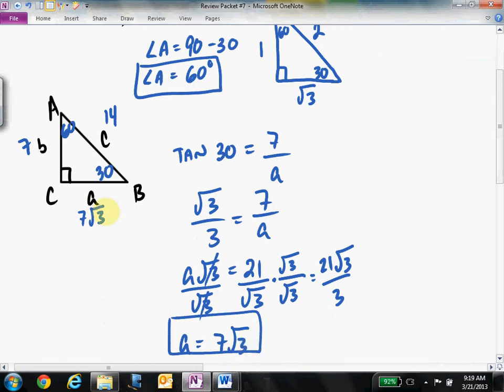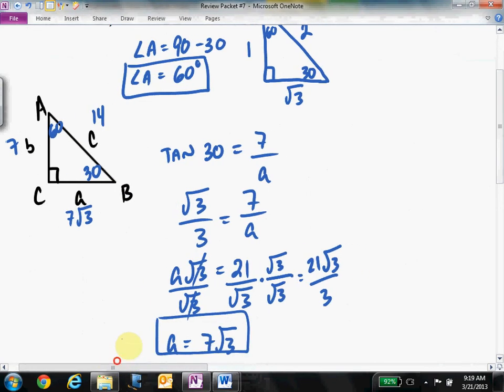Now let's find our unknown C. I'm going to go back to my given information, 30 degrees. The opposite side was 7. C is the hypotenuse, so I have opposite over hypotenuse. Well, that's sine. So I have sine of 30 degrees is equal to the opposite, which is 7, over the hypotenuse, which is C. What is the exact value of sine of 30 degrees?